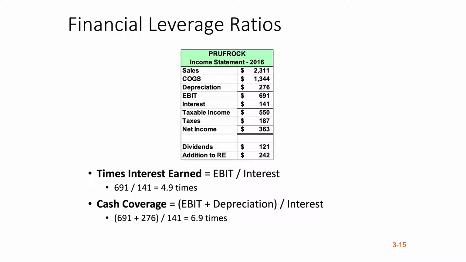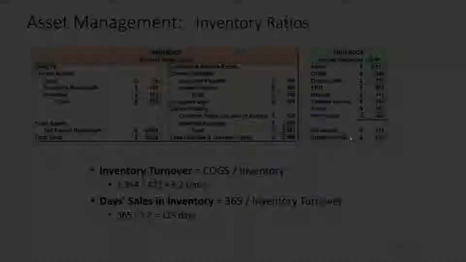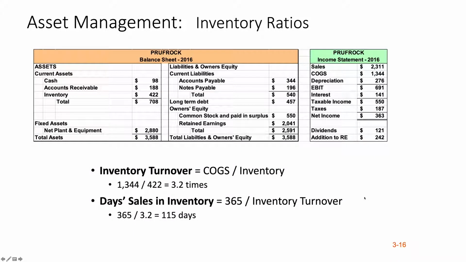All right. The third category of ratios, particularly used by internal management to measure the effectiveness of asset management, are inventory turnovers. Inventory turnover is cost of goods sold divided by inventory.